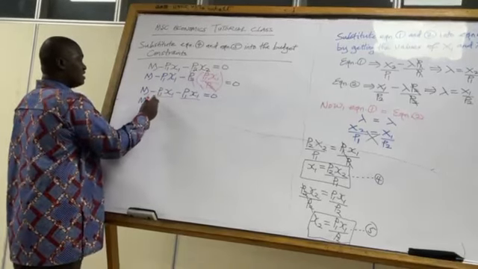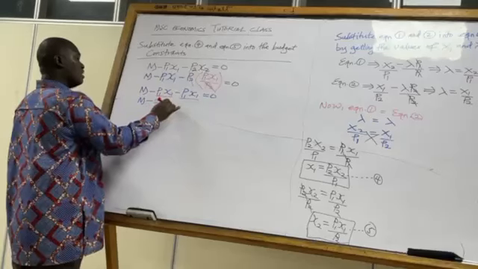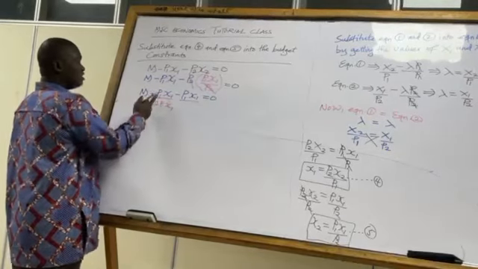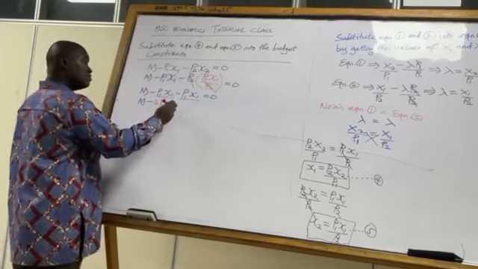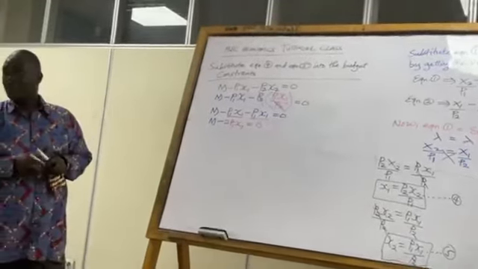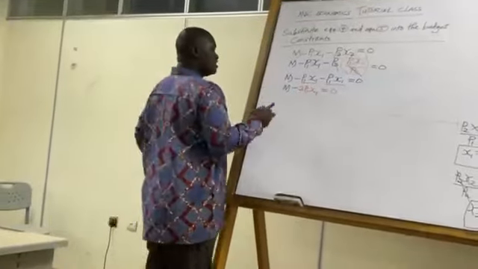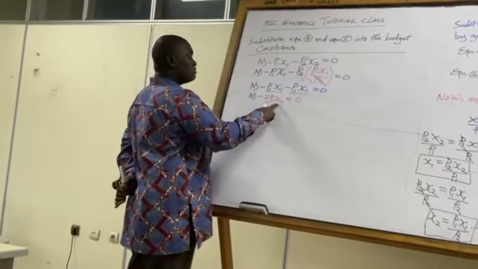So this and this, it will give you what? 2P1x1, because this and this are 2. Then you take this constant and bring it down. So now be equal to what? 0.